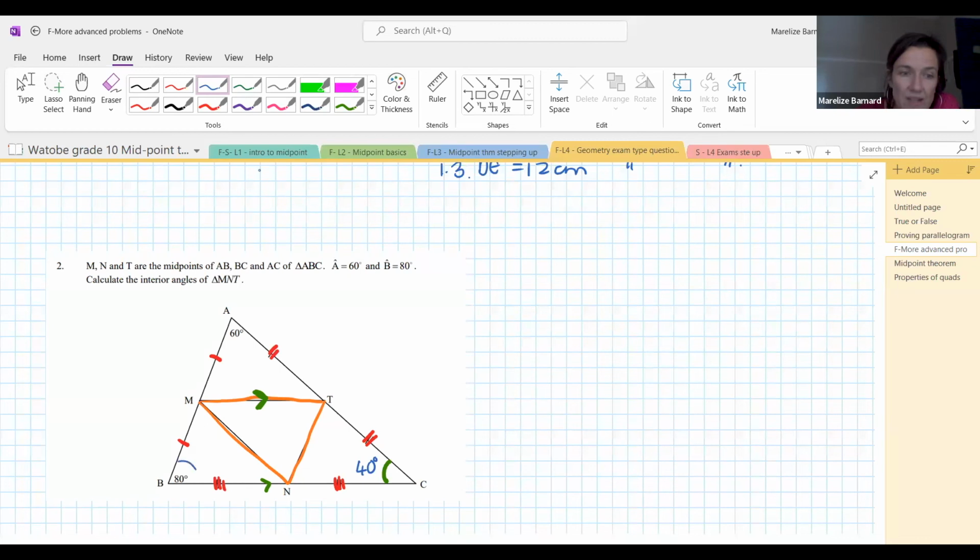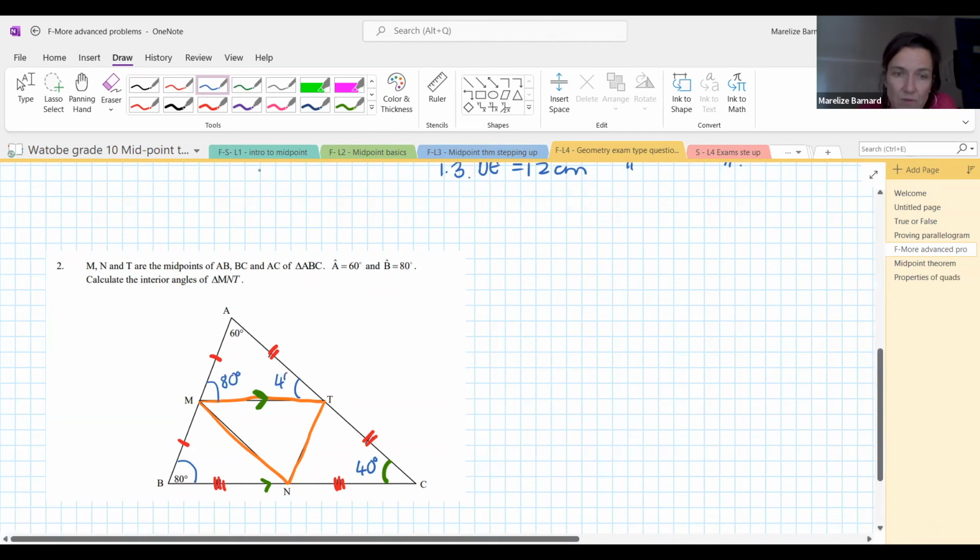We can also then say if this is 80, then this angle must be 80 degrees. And that's because of corresponding angles. And that will mean that this one's 40.